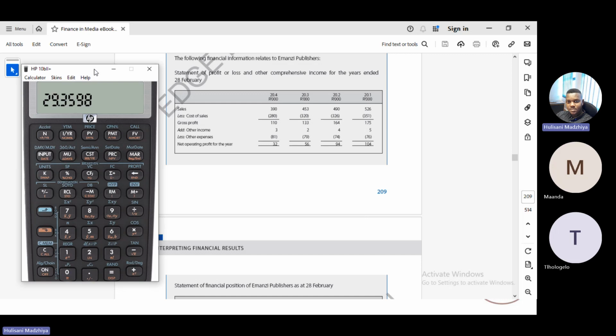If you continue to check in 2.4, we made a gross profit of 110 divided by total sales of 390, multiplying this by 100. We then only generate a gross profit margin of 28%. You'll notice that it is still declining.